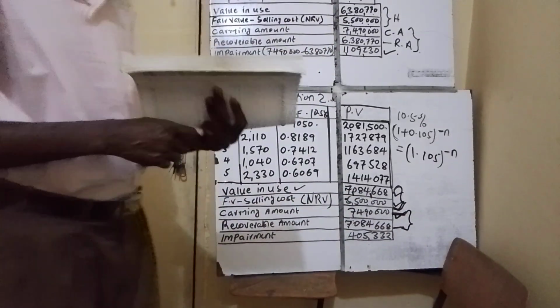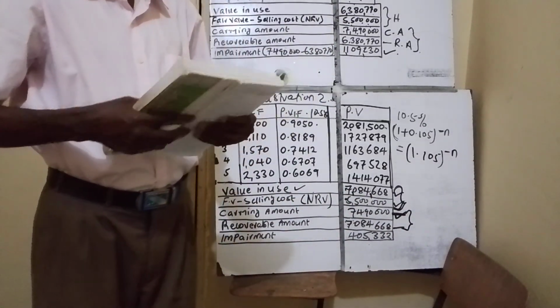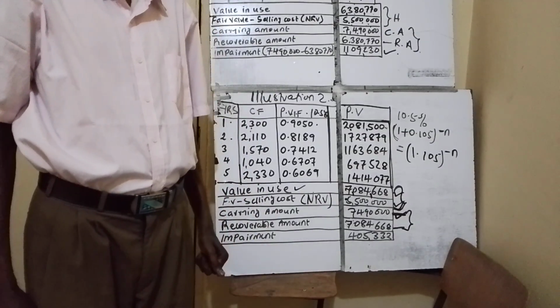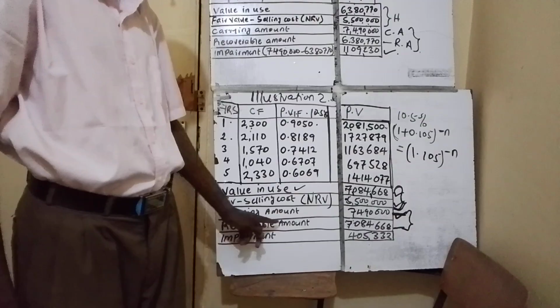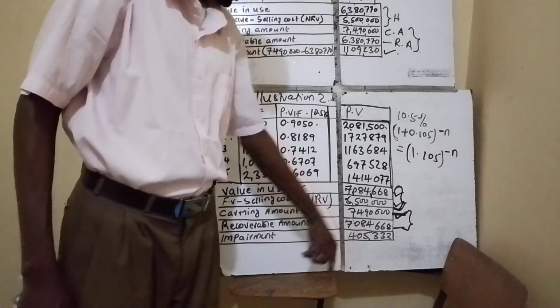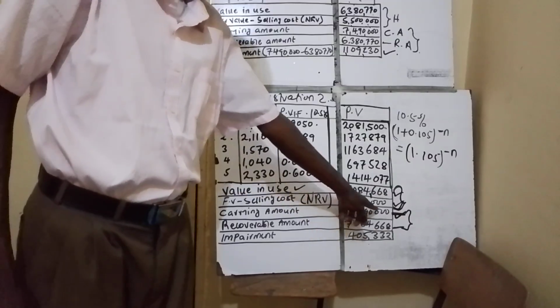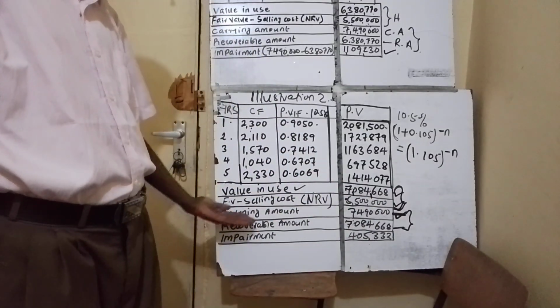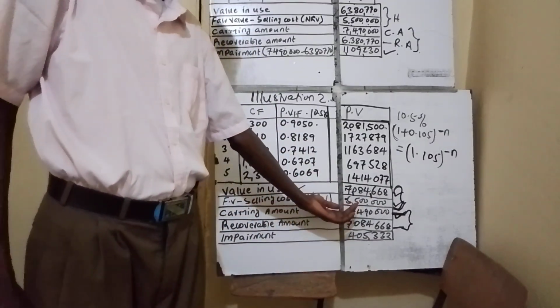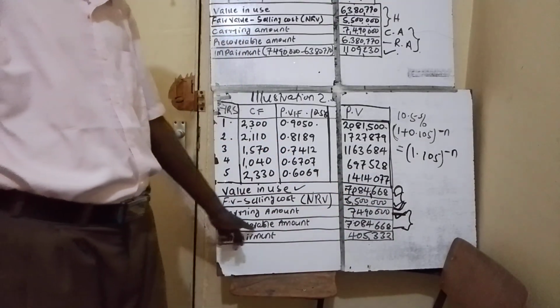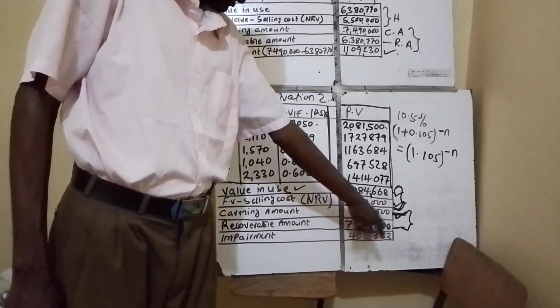We said that impairment occurs where carrying amount is more than recoverable amount. So is there impairment here? My carrying amount is 7,490,000, or in other words, the net book value of this asset is 7,490,000. Recoverable amount is 7,084,000.